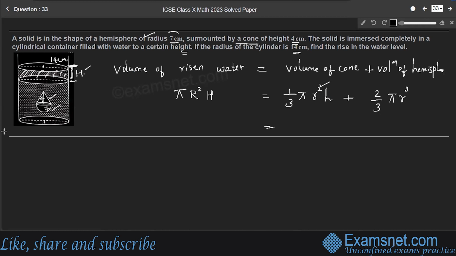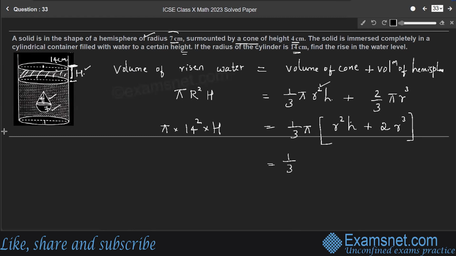So here LHS becomes pi into radius 14, it's a square, into height, is equal to 1 by 3 pi. We can take out 1 by 3 pi as common. So the remaining terms are r square h plus 2 r cube, right?